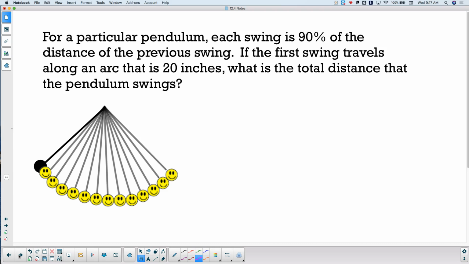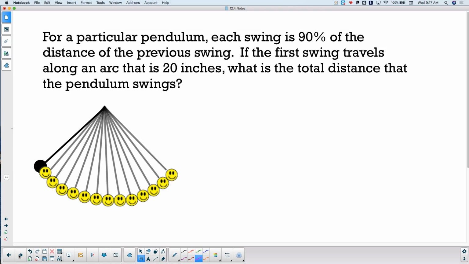So if I want to know the total distance that the end of the pendulum swings, the wrecking ball, whatever you want to call it, the pendulum on a clock, total distance.